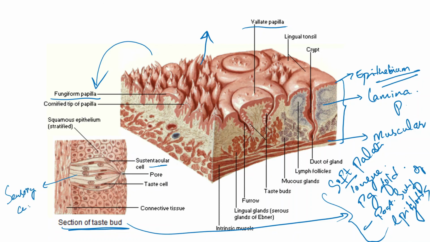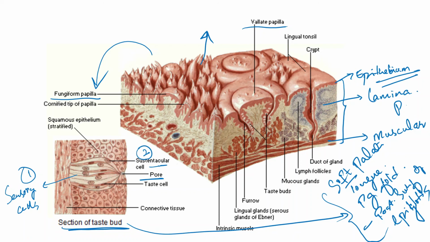These sensory cells on either side are covered by the sustentacular or supporting cells. The open portion at the upper part of the taste bud is called the gustatory pore. So this is about the structure of the taste buds.